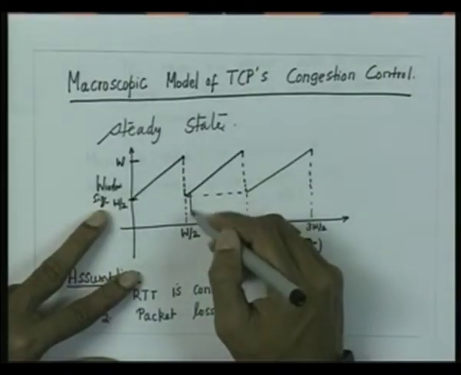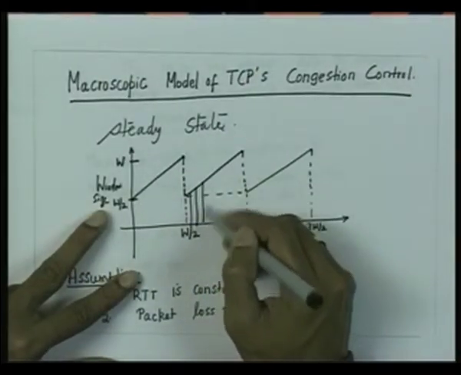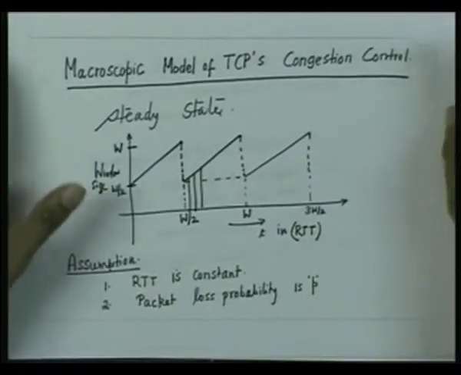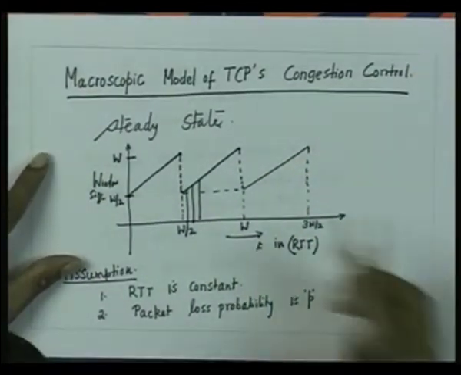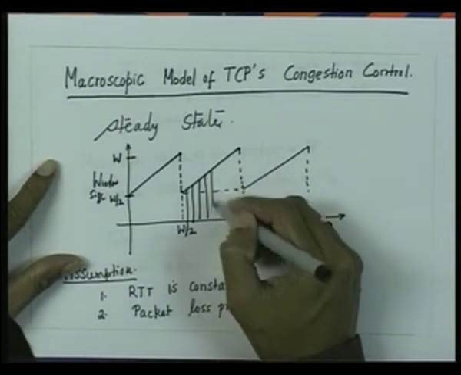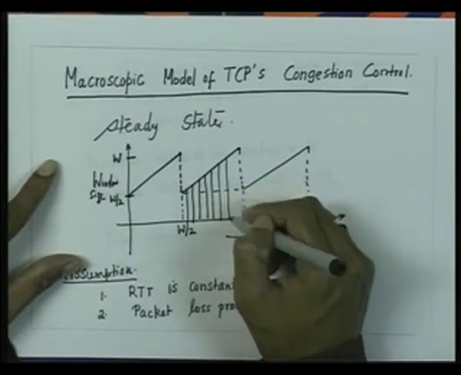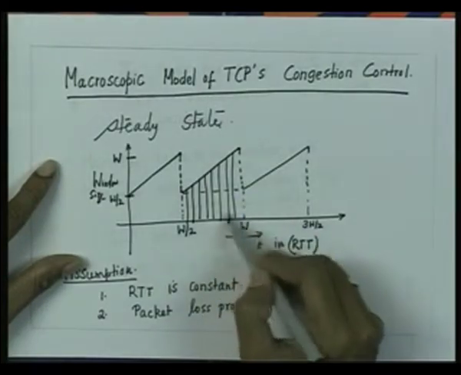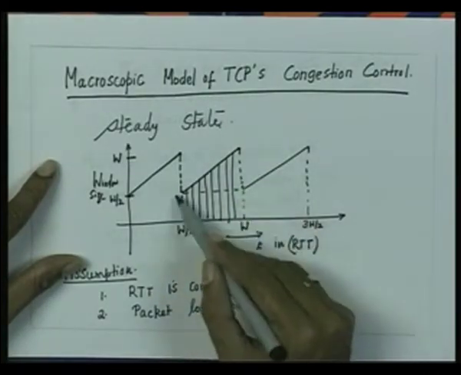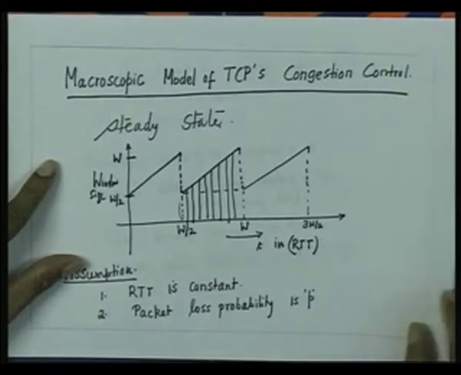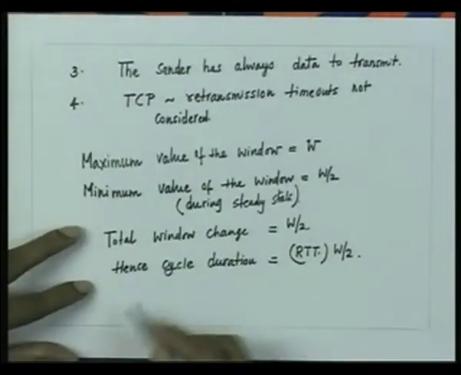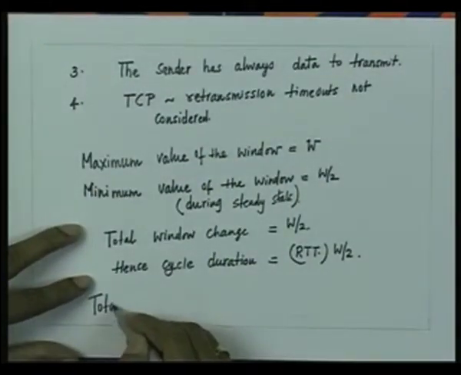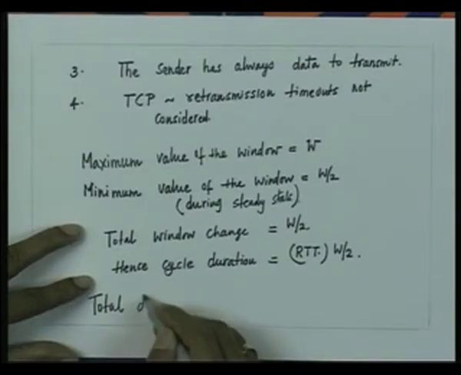To determine that, we need to determine this much area, because the amount of data delivered is determined by the area.